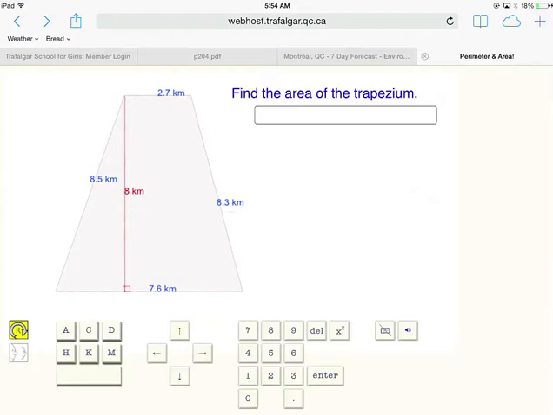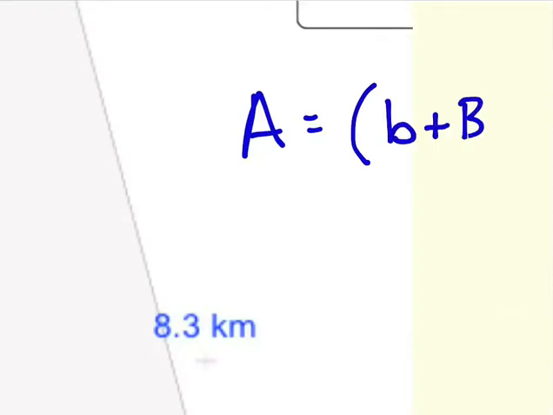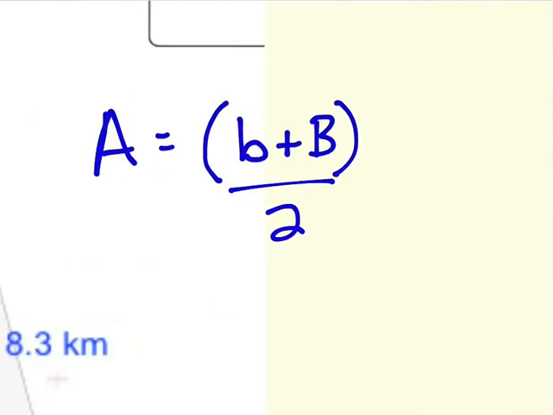There we go. All right, so the area is the average of the bases. So it's little base plus big base divided by 2 times the height.